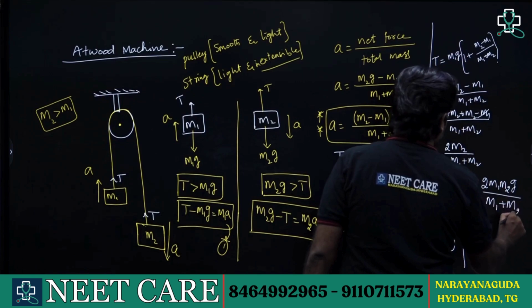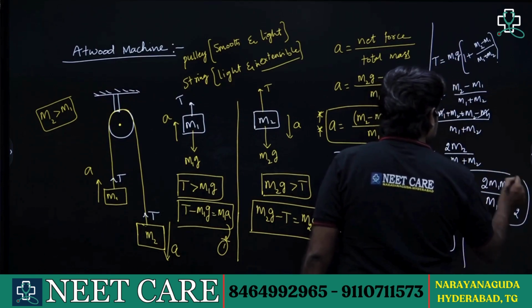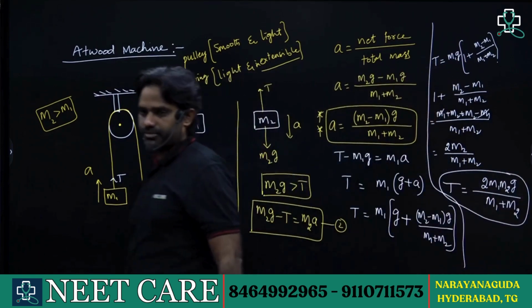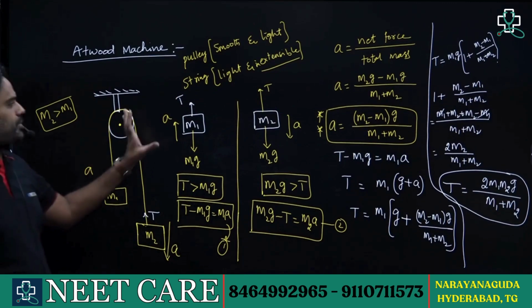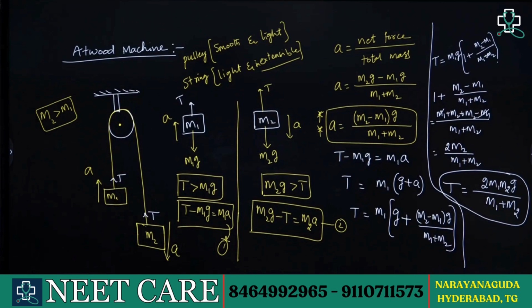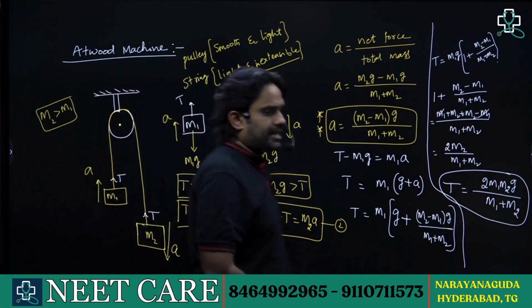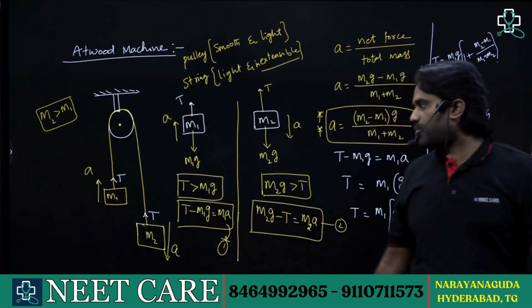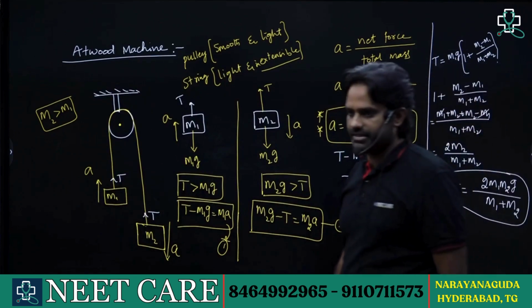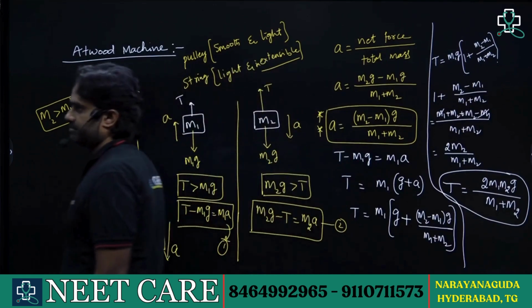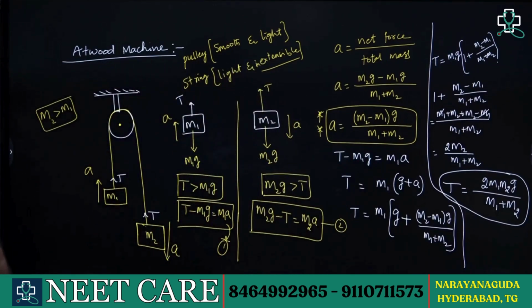This will be the tension formula: 2M1M2G by M1 plus M2. This is the tension formula, right? So this is the information related to the simple Atwood machine. We can also have variations with 2 more strings and 3 more blocks, but I think in NEET we can't expect many questions on constraint equations, right? Okay. Copy it.